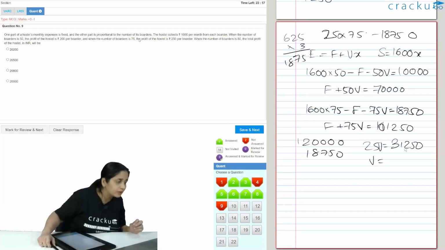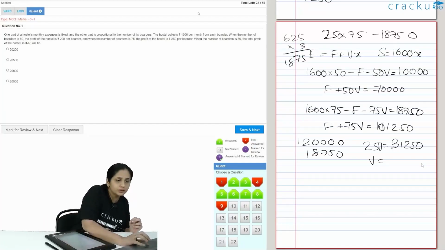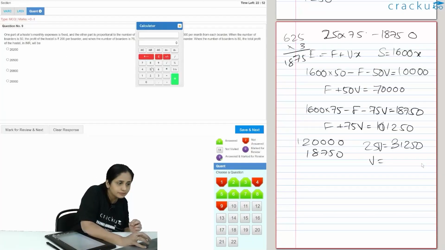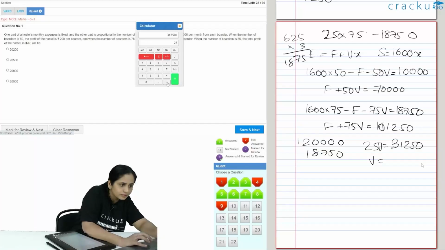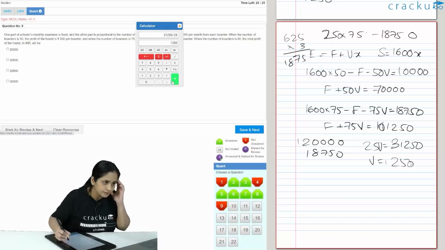So this is very long, but I'm very close. So F is equal to how much?